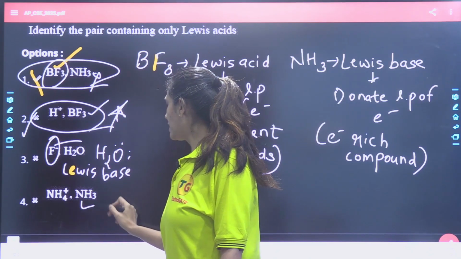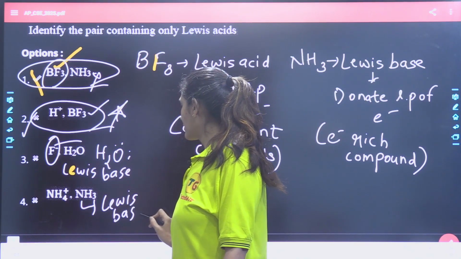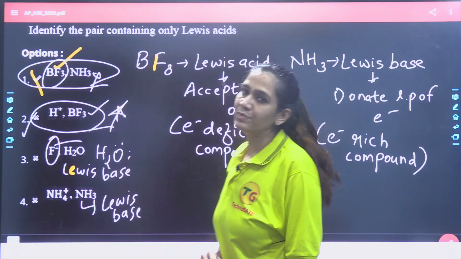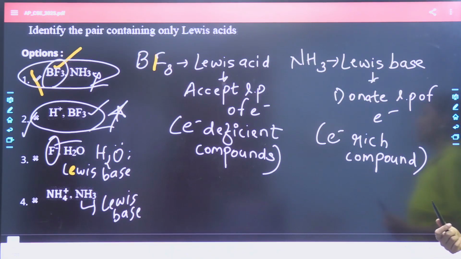Then here again our ammonia is a Lewis base. So the correct option would be H plus and BF3. Do make this correction. This pair would act as Lewis acids.